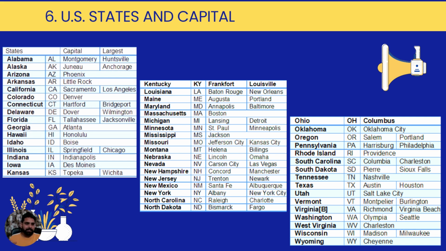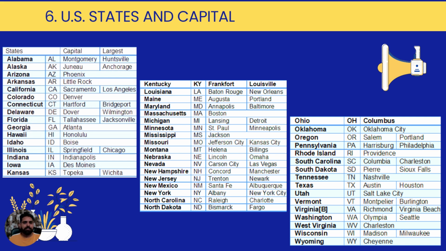So just like I have mentioned, like Arizona, Phoenix is the capital here, right? The largest city is also Phoenix. If we talk about California, Sacramento is the capital and Los Angeles is the largest city. So most of the employees you can easily find in the Los Angeles area.